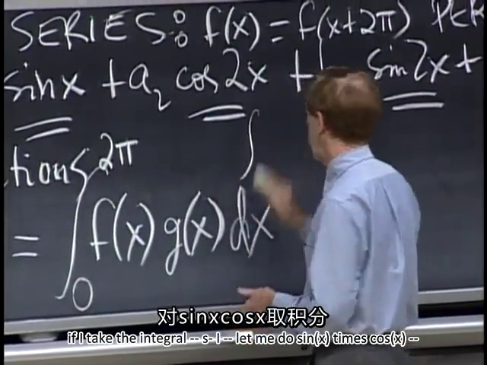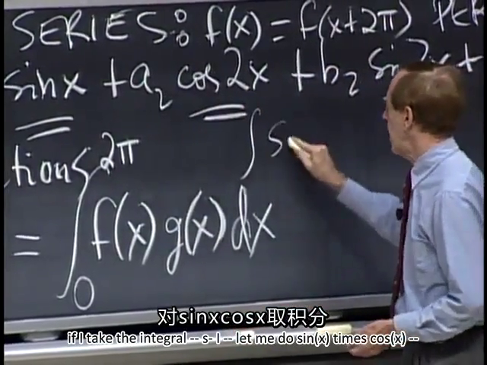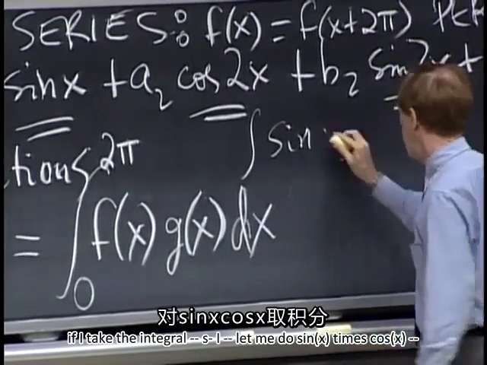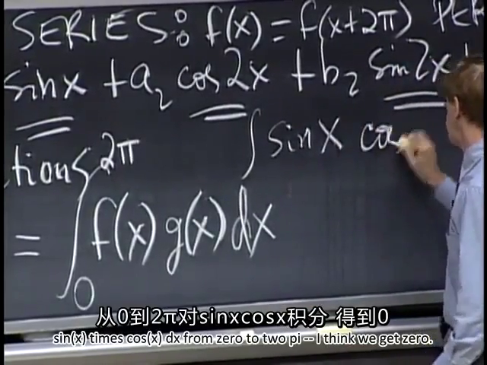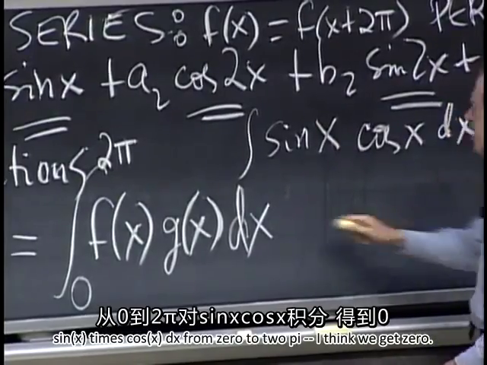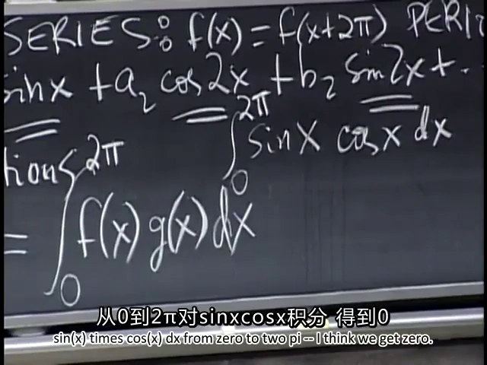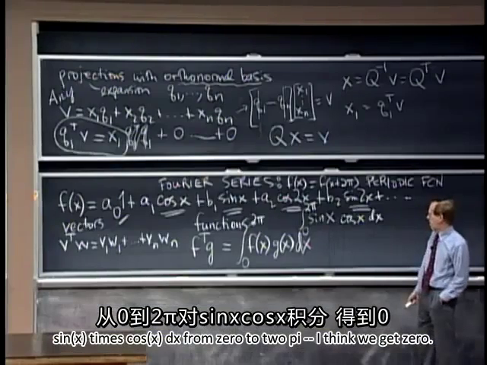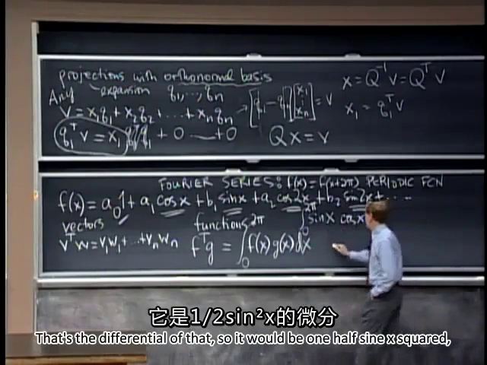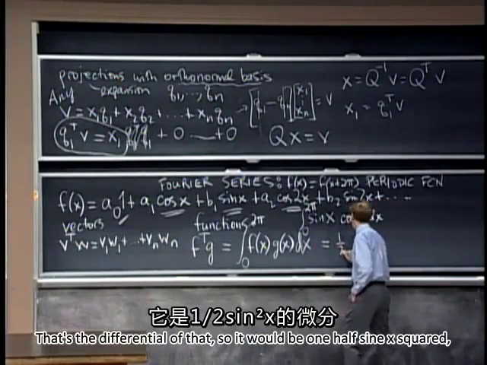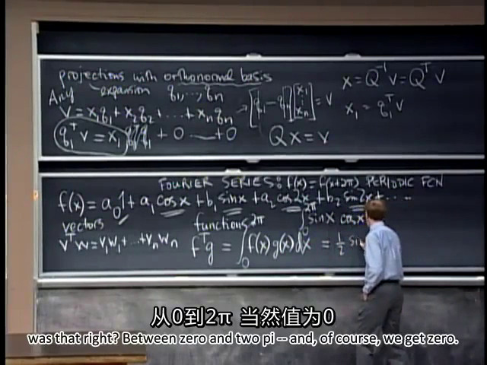If I take the integral, let me do sine x times cos x dx from 0 to 2 pi, I think we get 0. That's the differential of that, so it would be 1/2 sine squared x. Was that right?